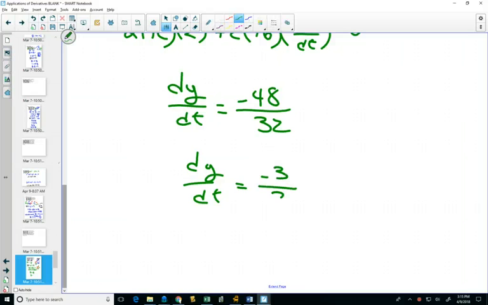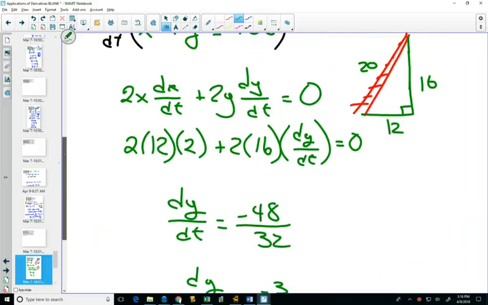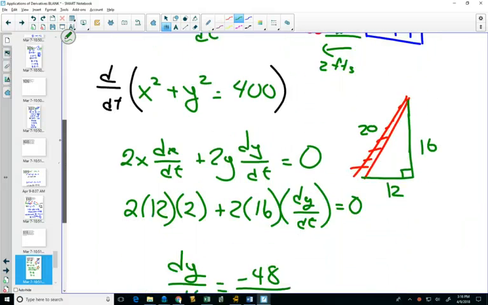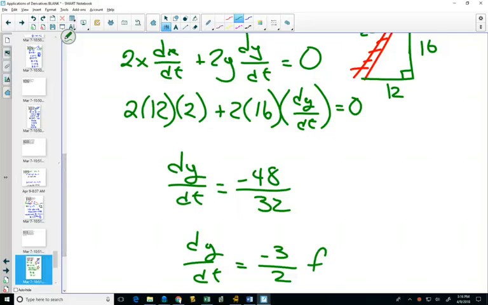Divide both by 16. And what are our units? Feet per second. Negative 1.5 feet per second is how fast the ladder is going down. Which means you have a good amount of time before it actually hits.